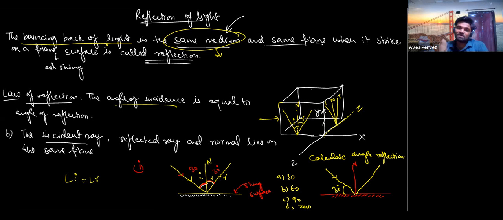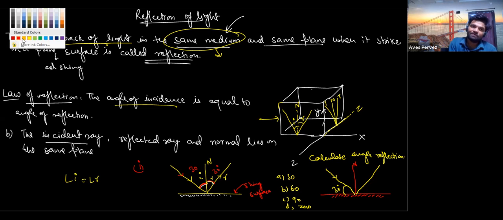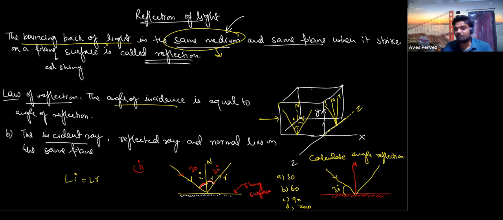Yeah, it will be B, because I've told you that when we measure the angle, we measure it from the normal. So if this whole angle is 90 degree, then this angle will be considered as 60 degree. The angle of incidence is always calculated from the normal.